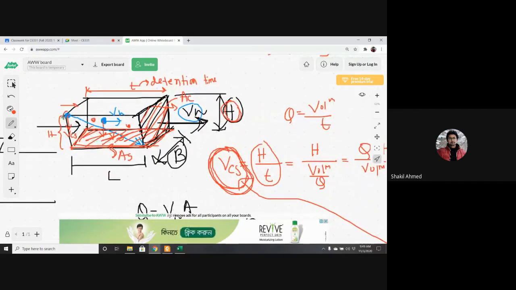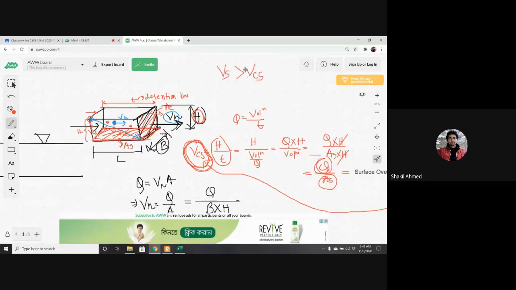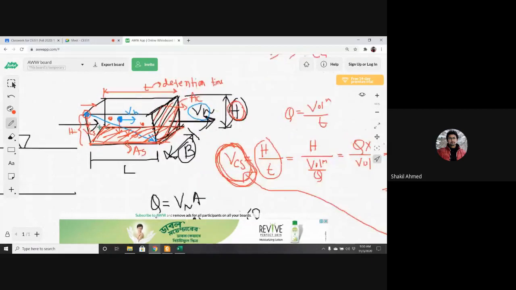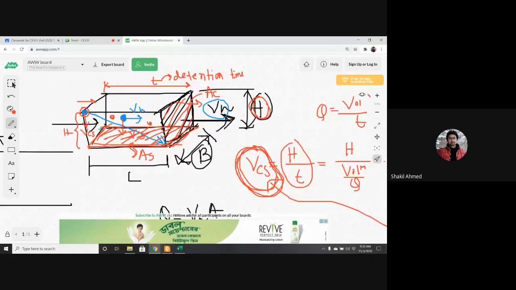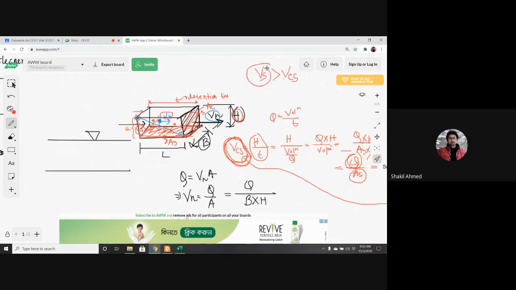For example, the particle is here, and its settling velocity is greater than the critical settling velocity. So the resultant will shift in this direction or in this direction, towards VH.